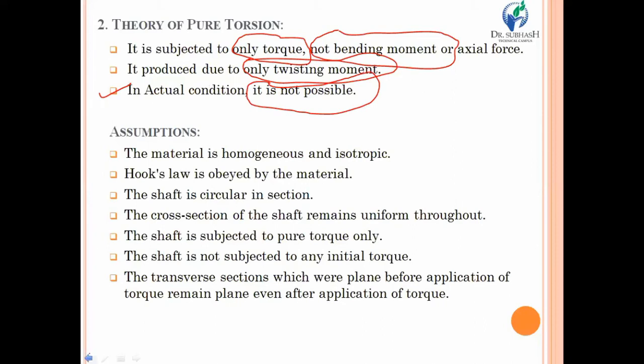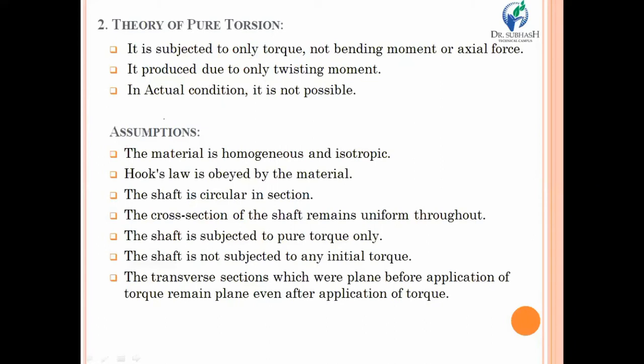Well, before deriving the relation of torque, a few assumptions have been taken for ease of deriving the relation. First, the consideration is made on the basis of material. So the material selected for the shaft design and for deriving the torque equation is homogeneous and isotropic.